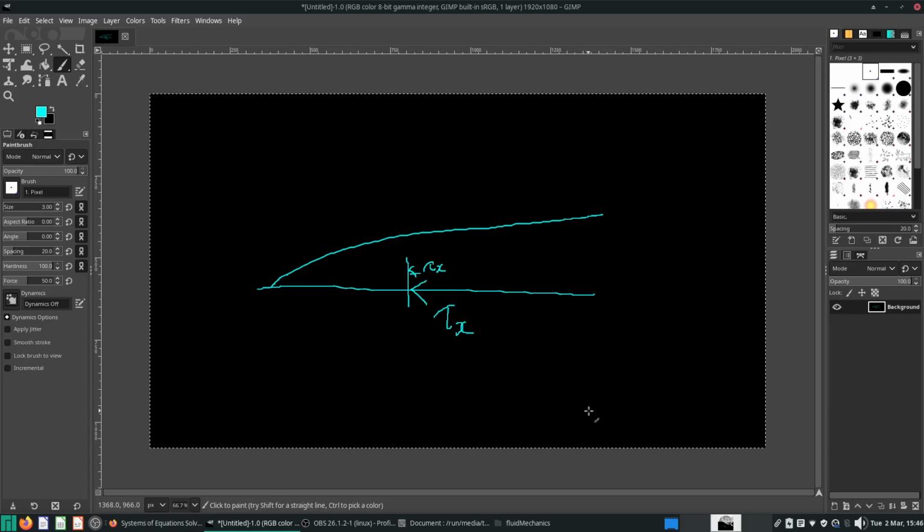It's not too hard to imagine that the shear stress at the wall is very close to the shear stress just a little bit away from the wall. The other way of thinking about this is that if tau is constant, then du dy is constant.